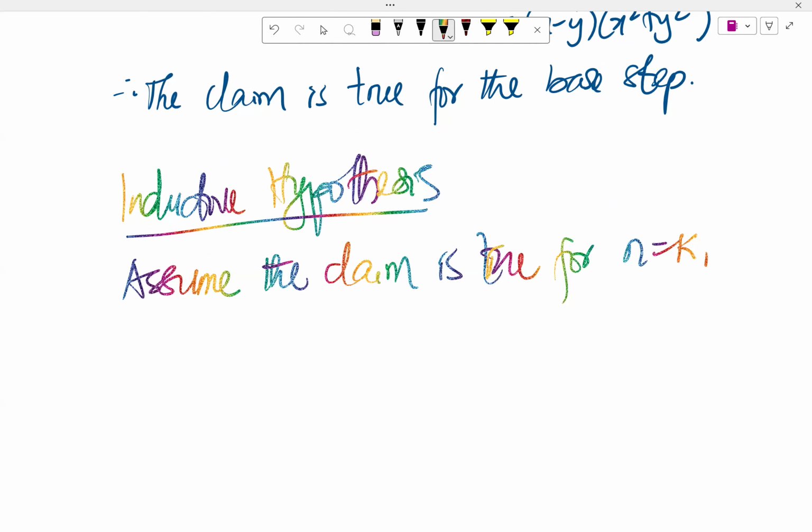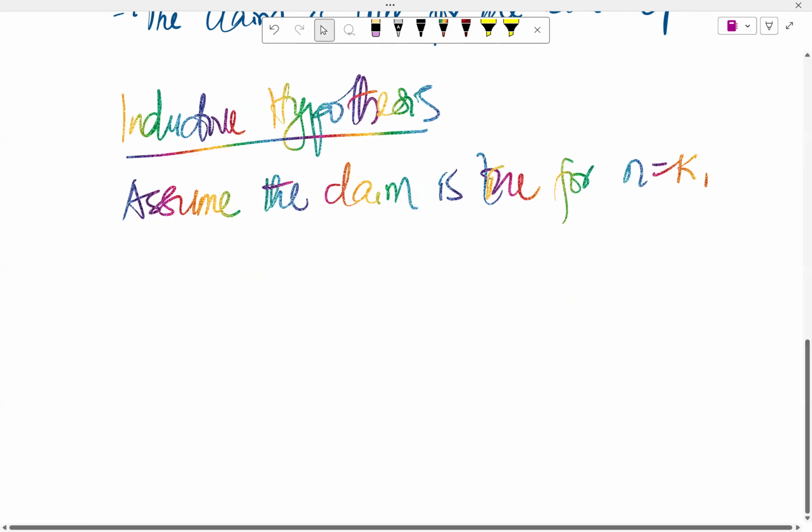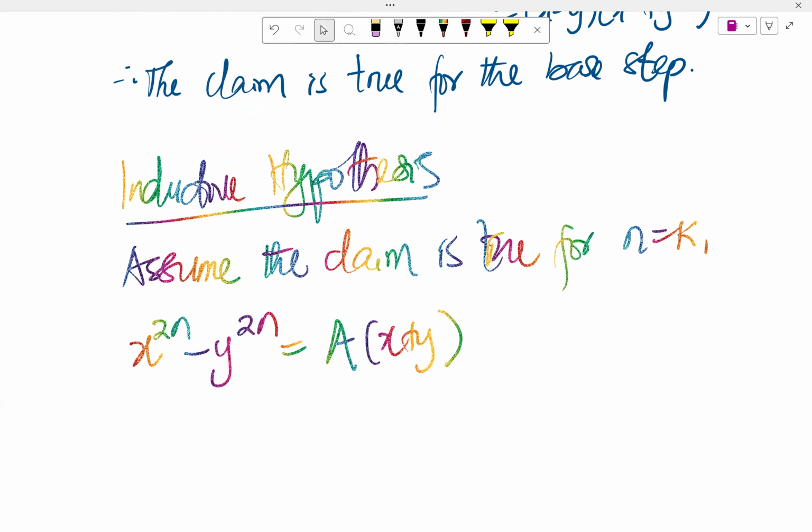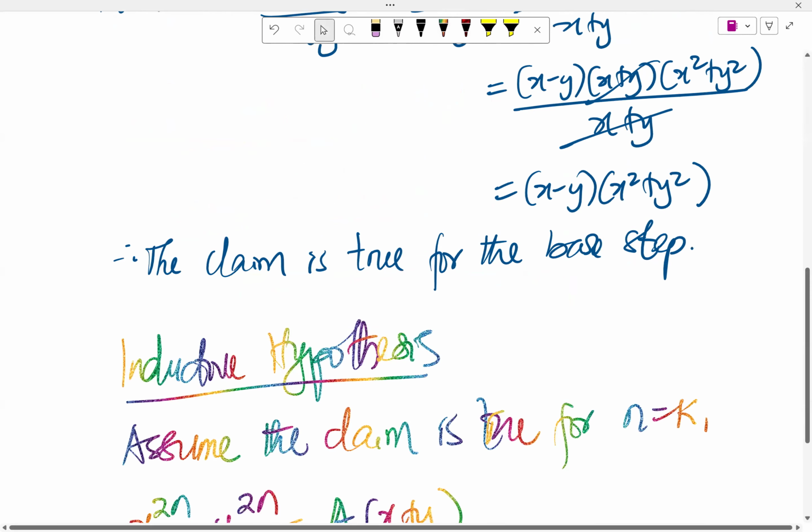And all we can do there is to say that x raised to power 2n minus y raised to power 2n is equal to a capital A multiplied by x plus y. You remember everything we've been having in the two examples for the base step: x plus y emerges, so we can cancel out. Same thing here.